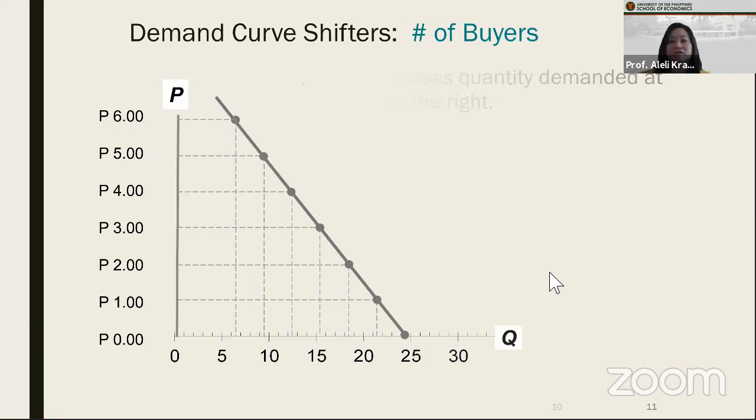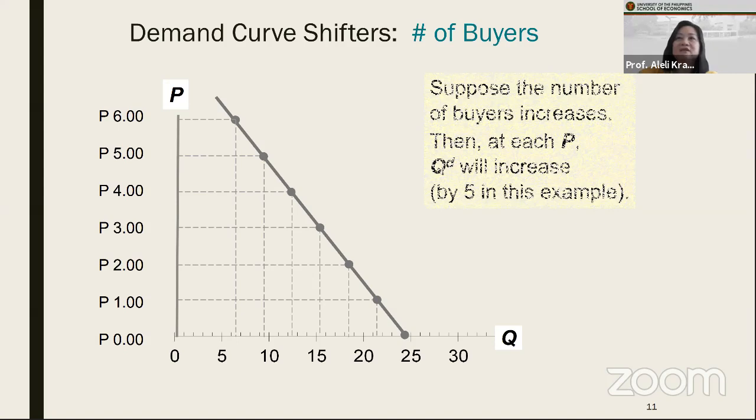So suppose that this is our original demand curve. Suppose that we have an additional buyer. So aside from Nadine and James, there's another one that comes into the market. So now instead of just two, you have three buyers. Suppose the buyers increase, then at each price, the quantity demanded will increase.